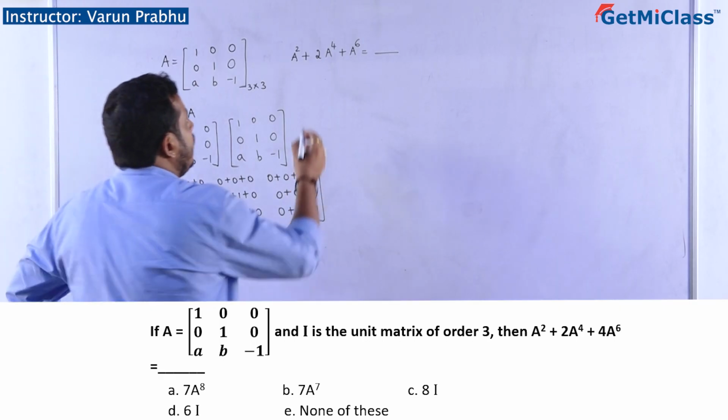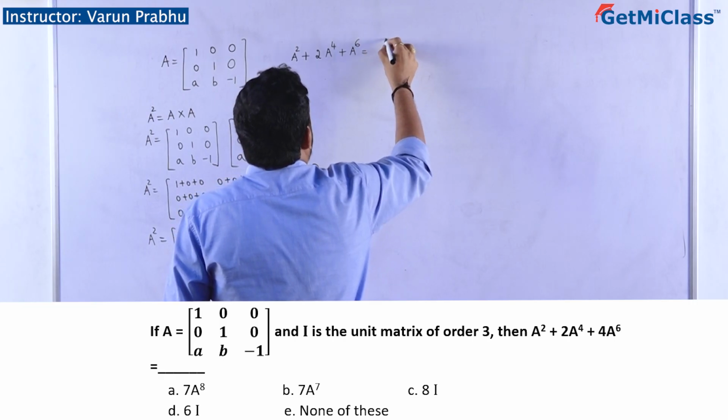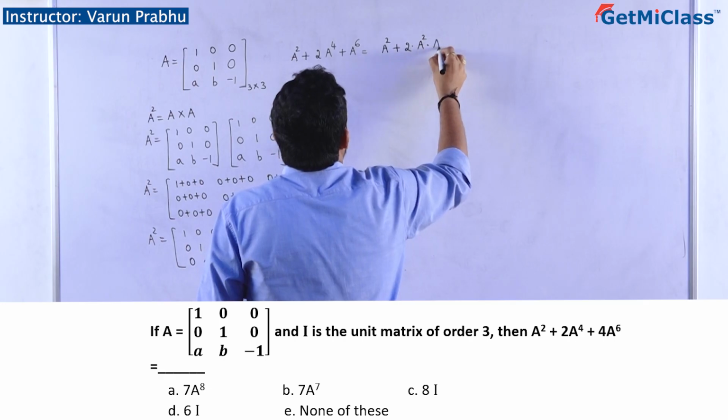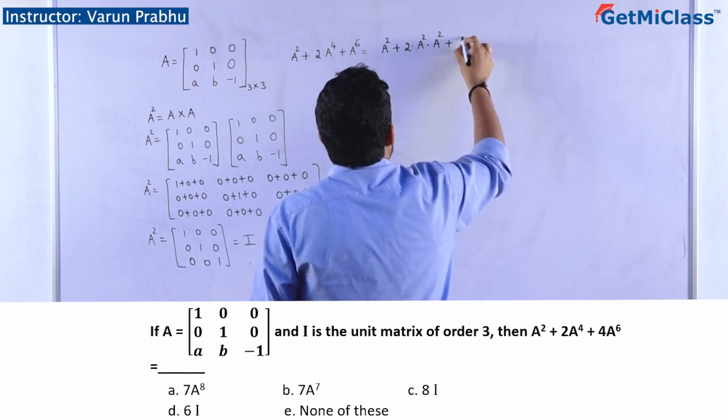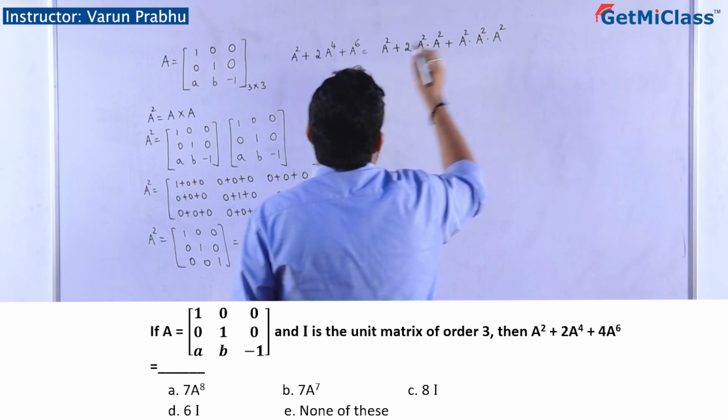Correct? So I can write here, A square is nothing but, I'll write A square only, plus 2 A to the power 4, which can be written as A square into A square, plus A to the power 6 can be written as A square into A square into A square.